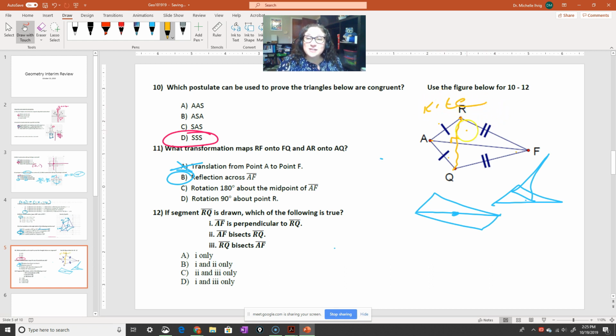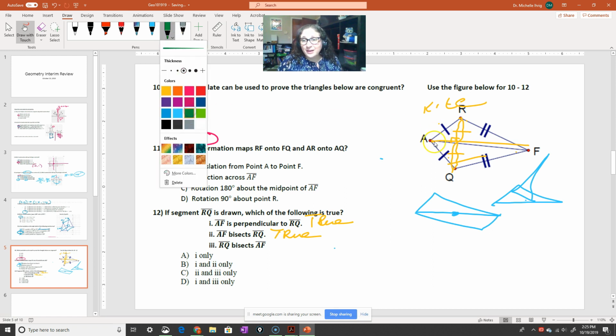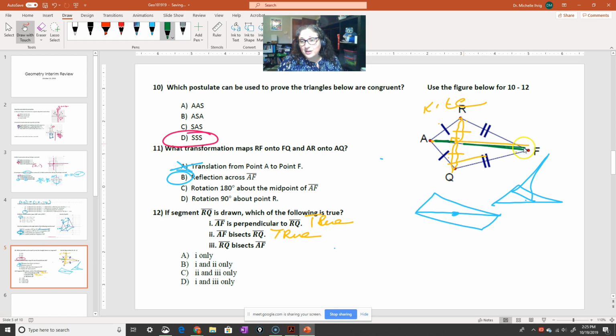So because consecutive sides are the same, we know it's a kite, which means that this is perpendicular. So this is true. AF bisects RQ. That is true because the other thing about a kite is that it bisects the shorter line. And the last one says that RQ bisects AF. I hope you can tell by looking at it that this right here is not as long as this, so this is false. So our answer is choice B, 1 and 2 only.